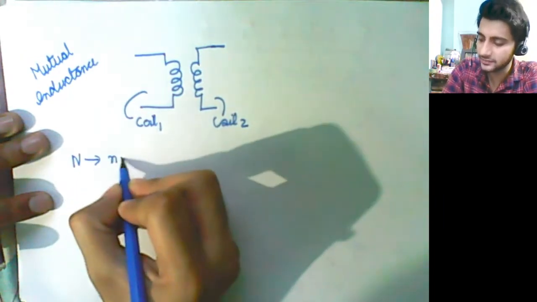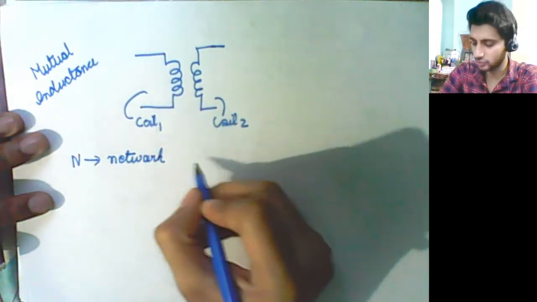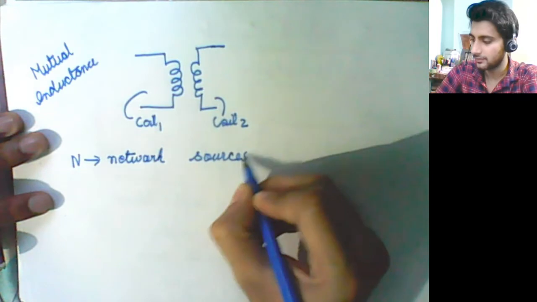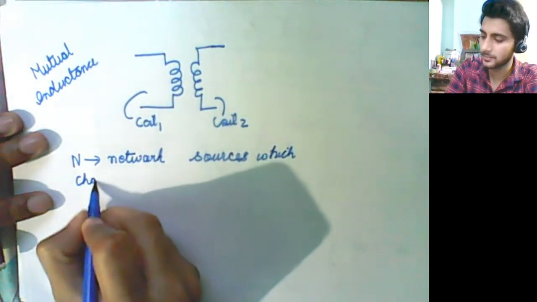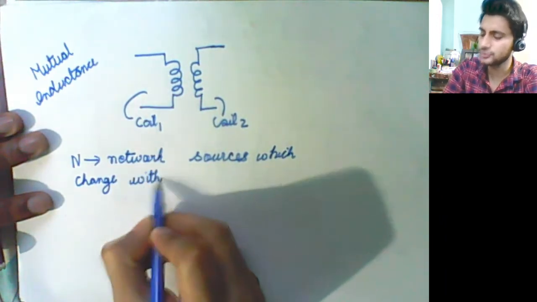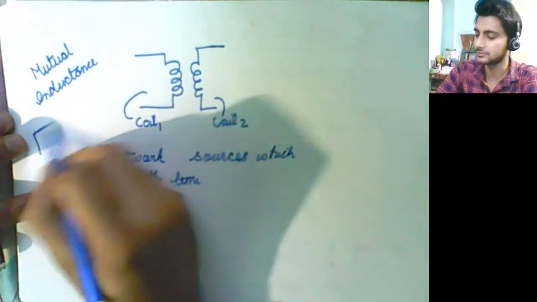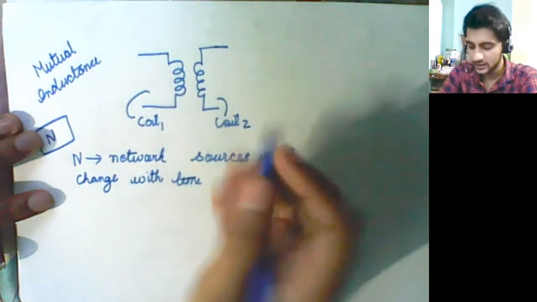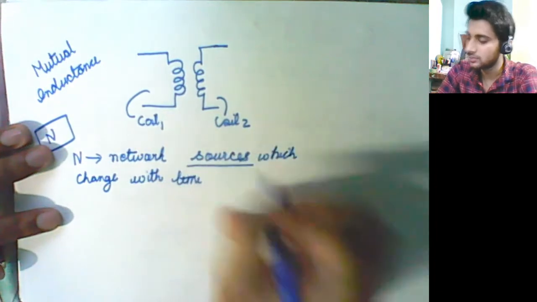So, N is a network and N contains sources which change with time. So, all sources change with time in the given network N. Fine. And we can consider changing values of parameters.